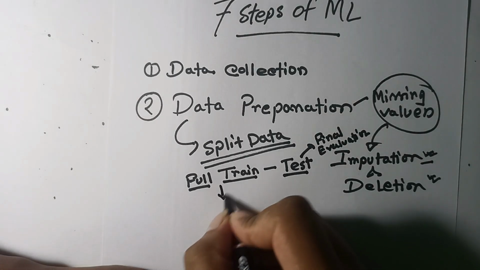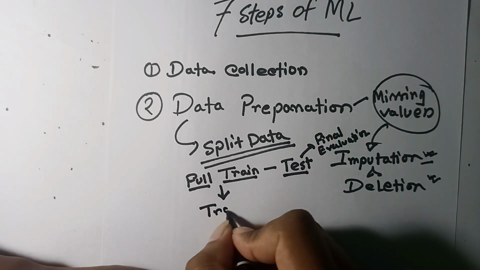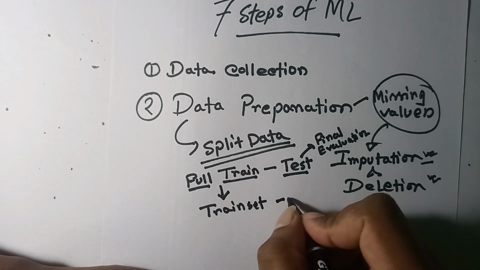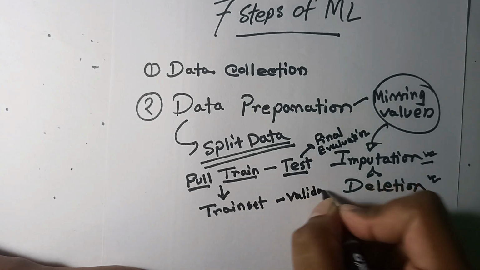And from this full train set, we will find a train set, and we will also have our validation set.